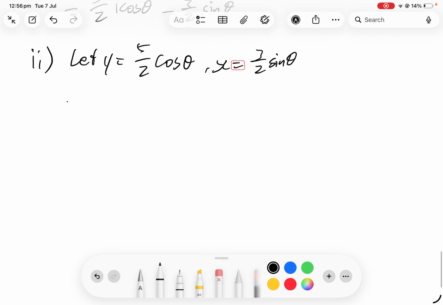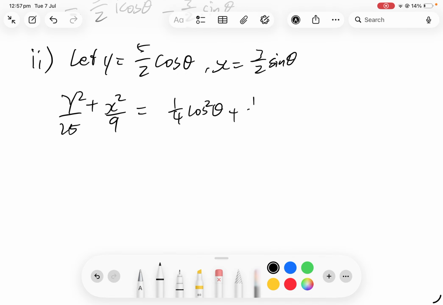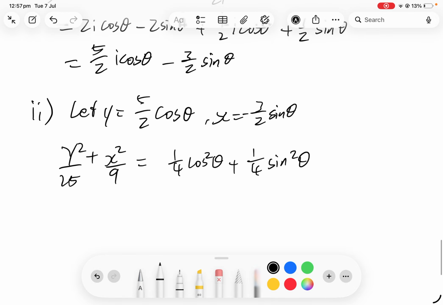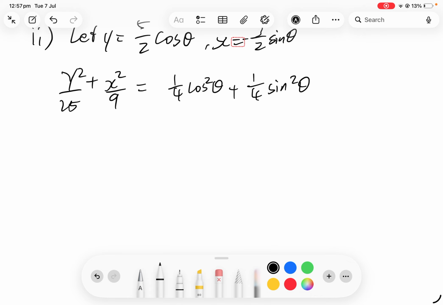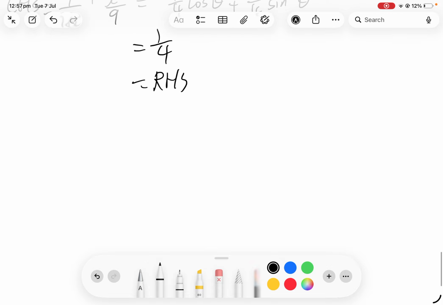Then y squared over 25 plus x squared over 9 equals, well, that's just 1 over 4 cos squared theta plus, that's 9, it becomes a fourth as well, a fourth sine squared theta. Although that is negative, I think, because you square it, it becomes nothing anyways, and that just becomes 1 over 4. Well, then left hand side equals right hand side. That's it for this question.